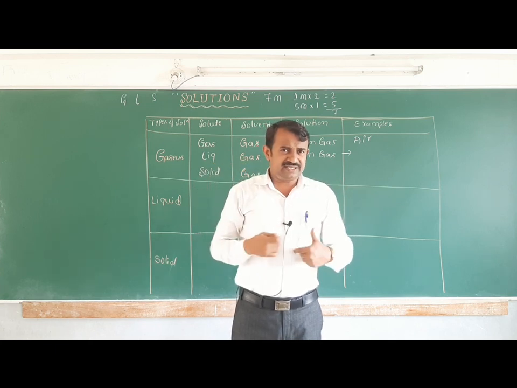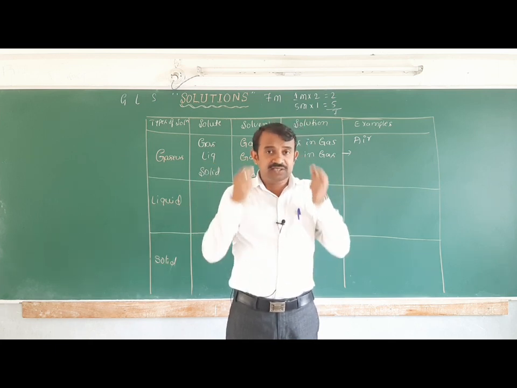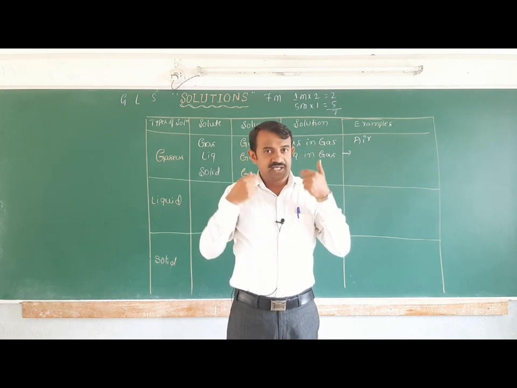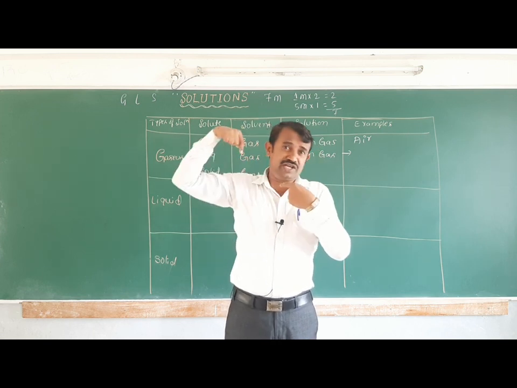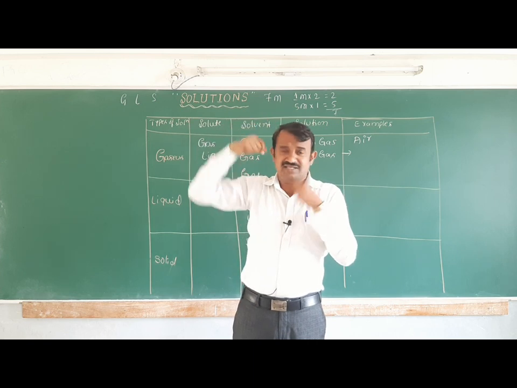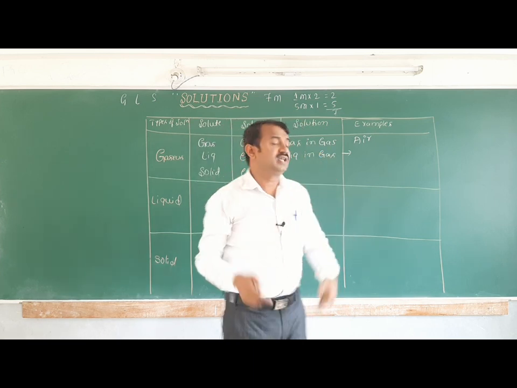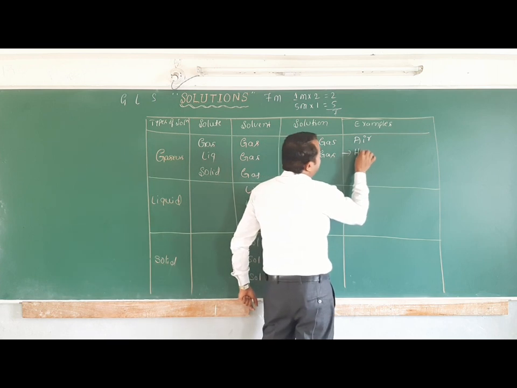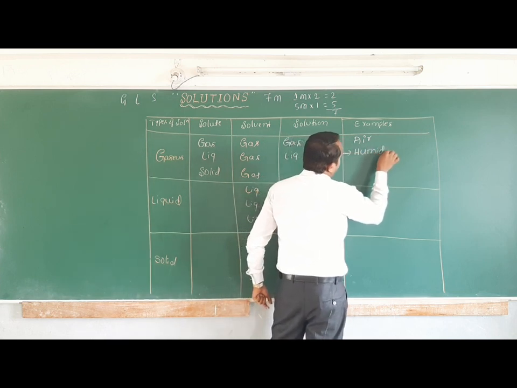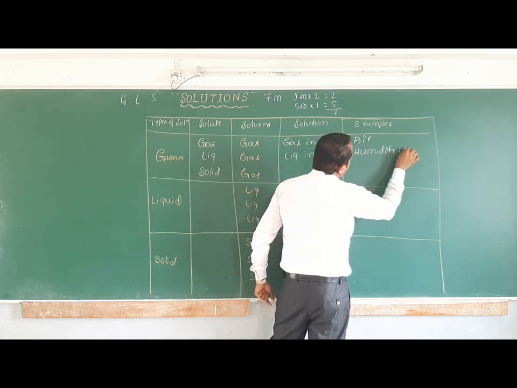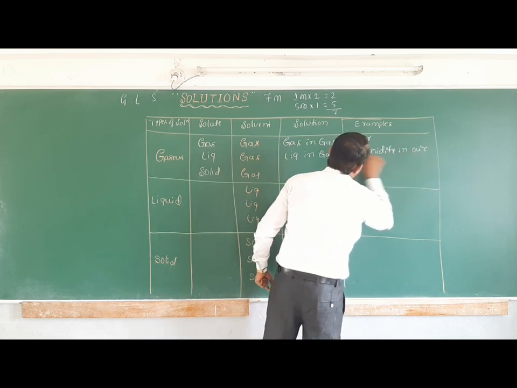In the summer season, when humidity is more, sweating comes. The sweating in the presence of surrounding air, that is a gas, the liquid coming outside is called humidity in air. This is a good example.